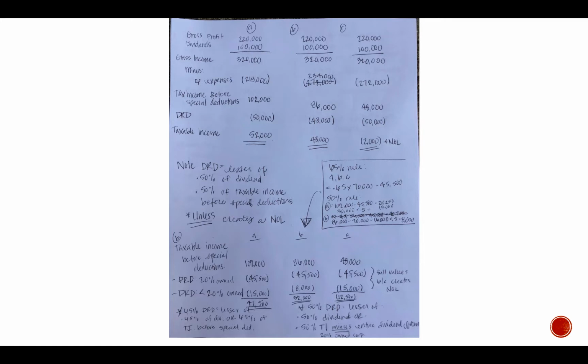But remember, our limit is not going to apply if the dividends create a net operating loss. And here the dividends are going to create a net operating loss. So we're going to be able to deduct 65% of the 20% owned dividend and 50% of the less than 20% owned dividend to make my taxable income negative $12,500. That is a net operating loss.